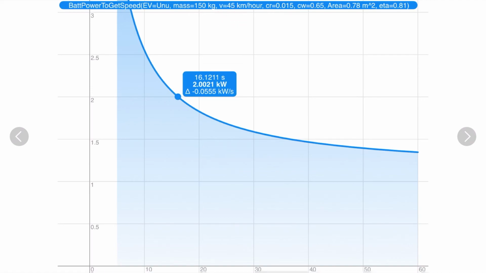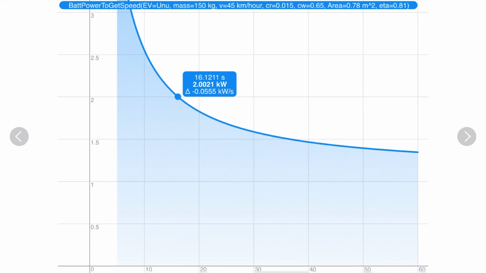And by the way, I have a rolling resistance of 15 thousandths and not 12 thousandths, because this scooter has a little bit more friction than cars from my point of view. It's not very high quality what is built here. And therefore I'm saying that this rolling resistance is a little bit higher for the overall friction that is present.